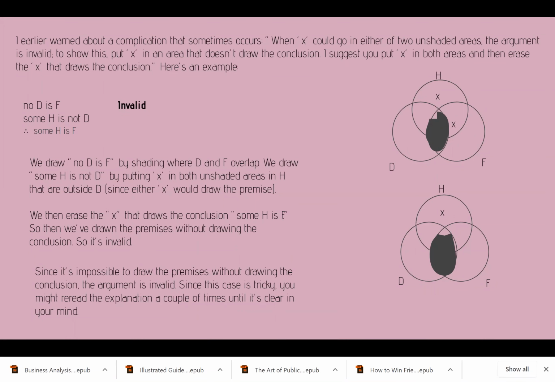We then erase the X that draws the conclusion, some H is F. So then we've drawn the premises without drawing the conclusion. So it's invalid. Since it's impossible to draw the premises without drawing the conclusion, the argument is invalid. Since this case is tricky, you might reread the explanation a couple times until it's clear in your mind.